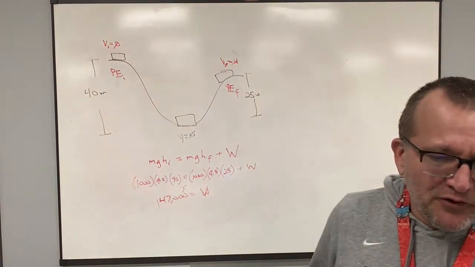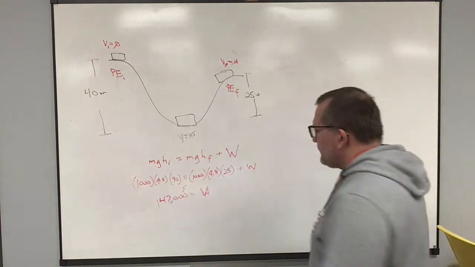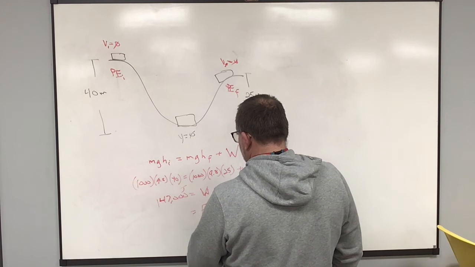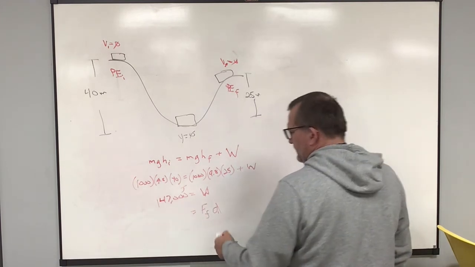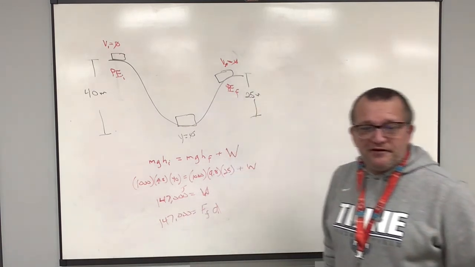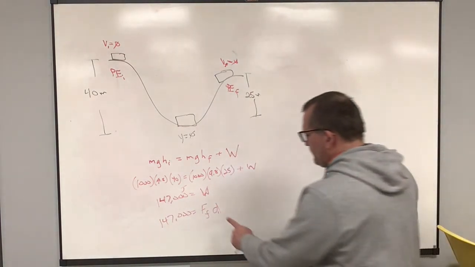Now the frictional force in the car, right? So work is force times distance. And since frictional force is really the only force acting, we take force times distance, which should equal 147,000. It says our distance is 400 meters.